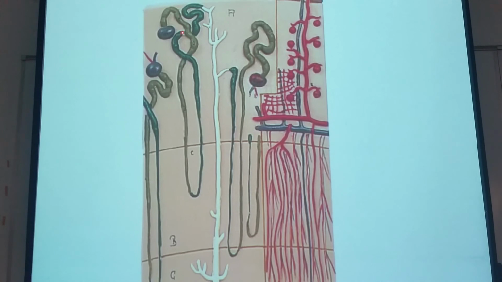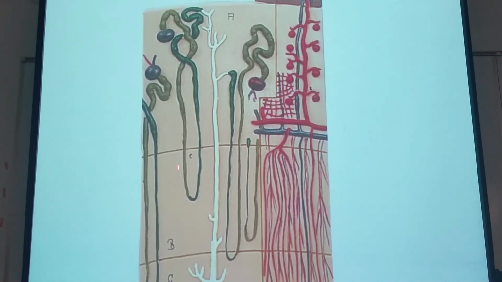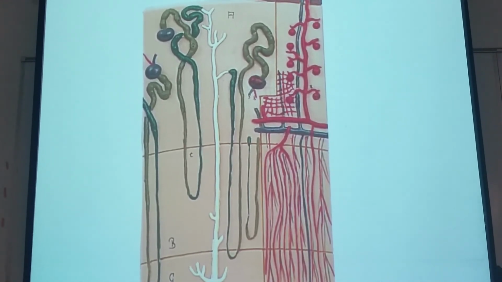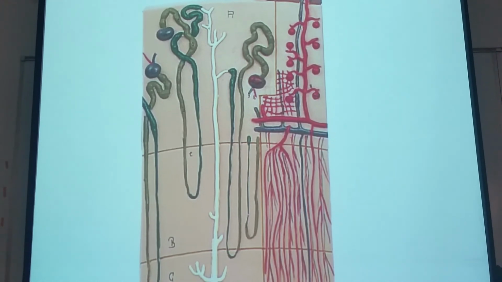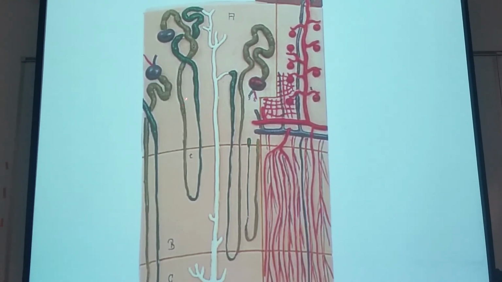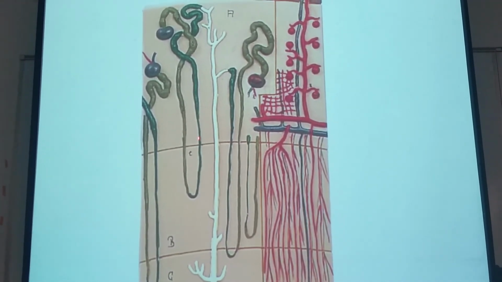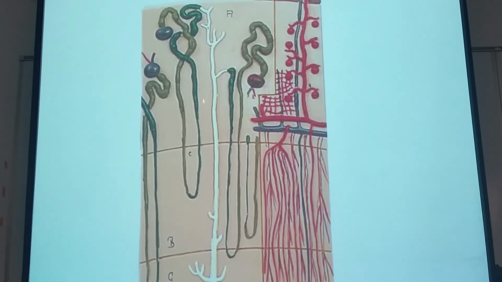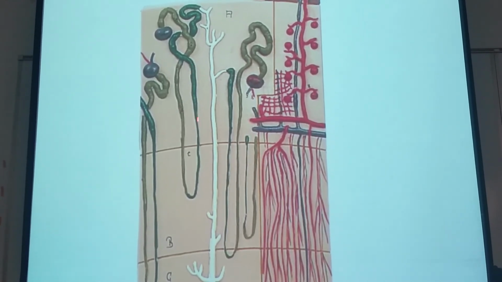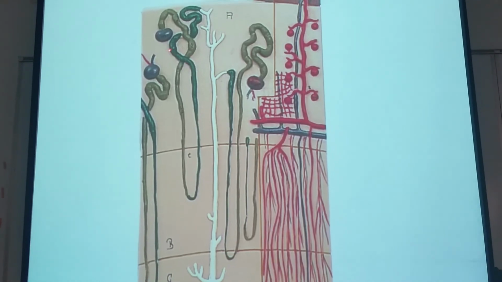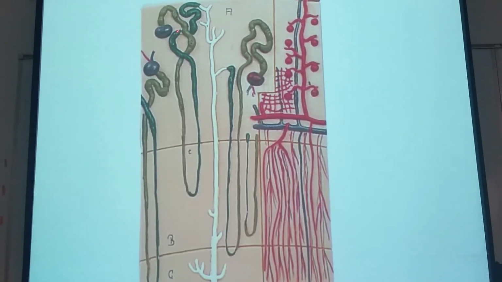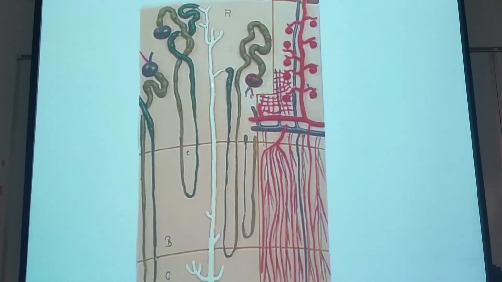So that's PCT. Here's the loop of Henle. Okay, remember the loop of Henle? The descending limb, the one I like, is the thin one. So you have thin descending limb. And then for the ascending limb, I like the thicker part. That's what I talked about functionally. Think ascending limb. When you get to here, start to call it the DCT. And then collecting duct.